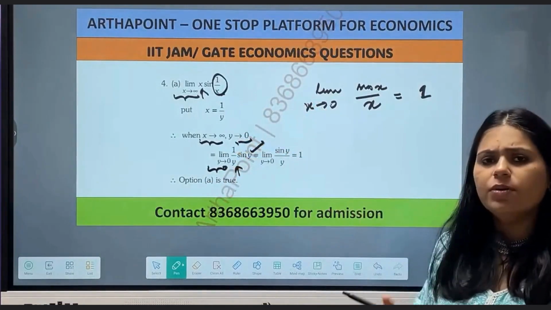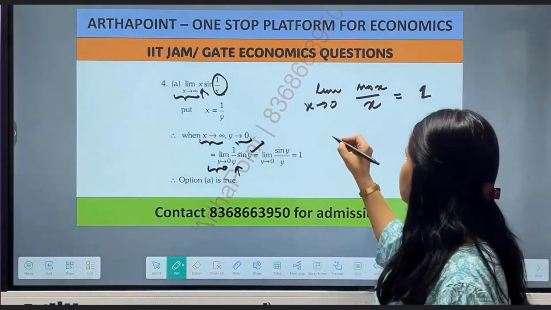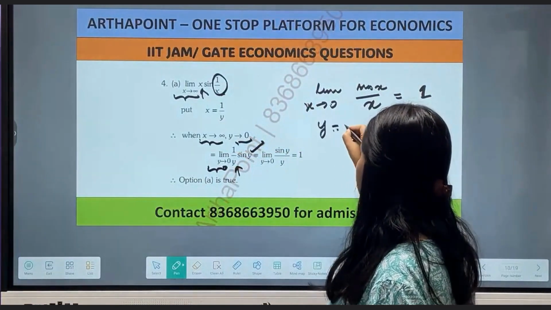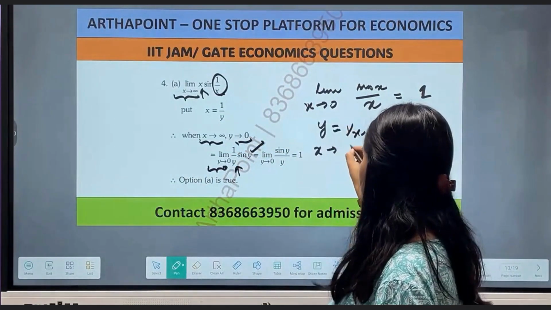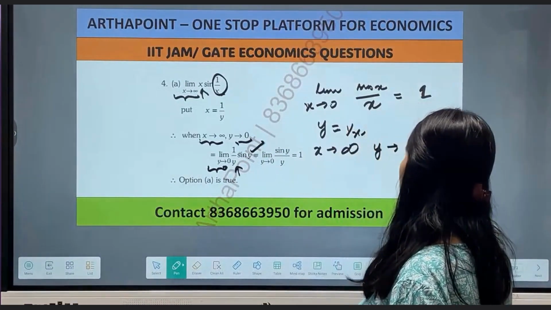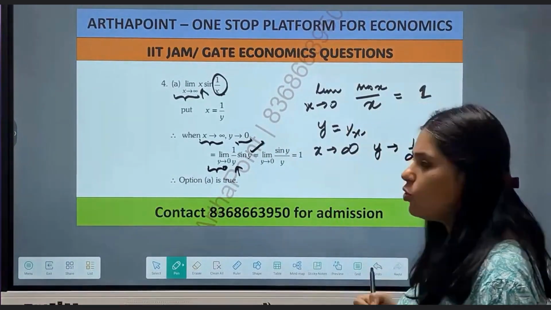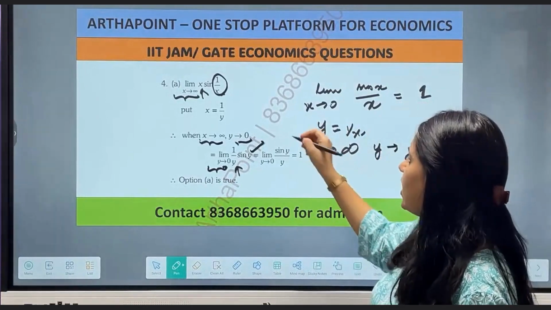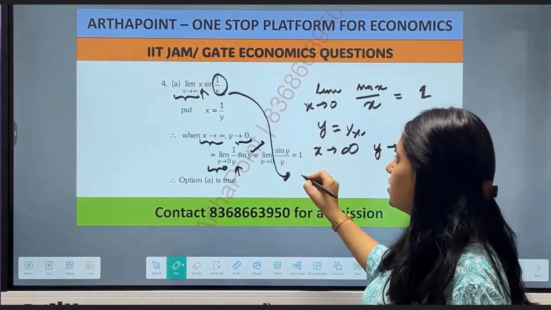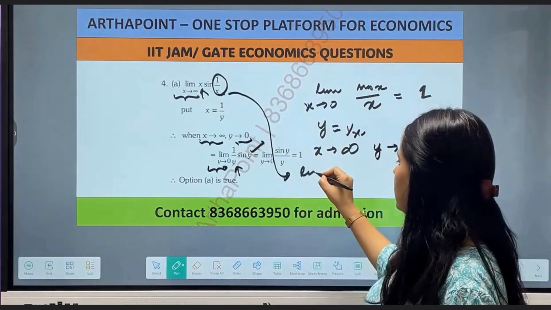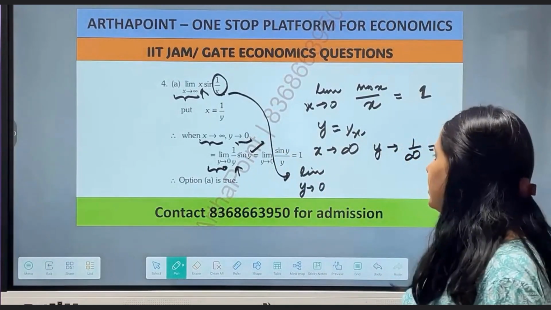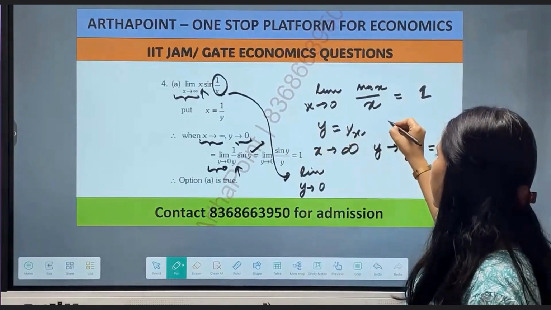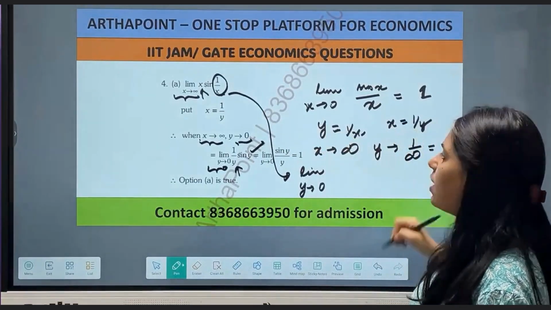So I do a bit of manipulation. I say that okay, let y be 1 by x. So if x goes to infinity, then y will go to 1 by infinity, that means 0. So now I have been able to convert this: when x goes to infinity, y goes to 0. And if y is 1 by x, then x must be 1 by y.